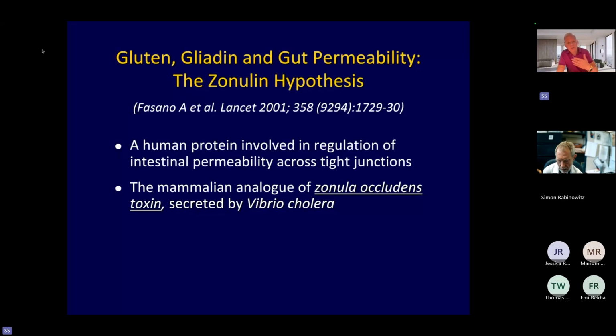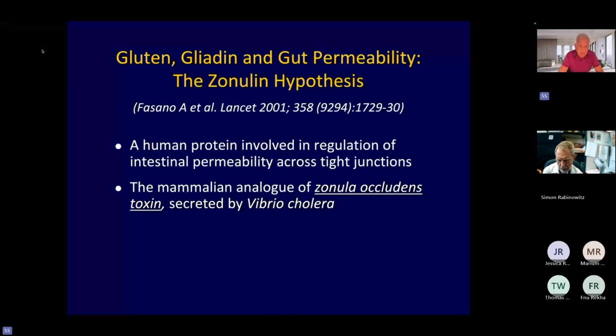The whole subject of paracellular uptake and how this happens in celiac disease involves something called the zonulin hypothesis. If one wants to read about it, and it's worth reading, again, go back to Fasano's work in Lancet, talking about how the zonulin hypothesis leads to an increase in gut permeability.